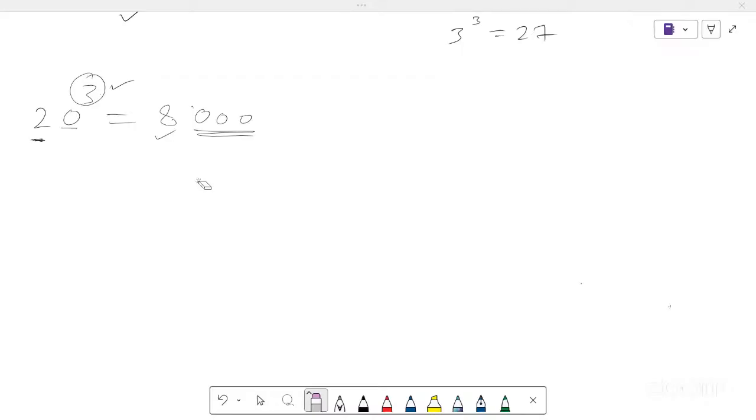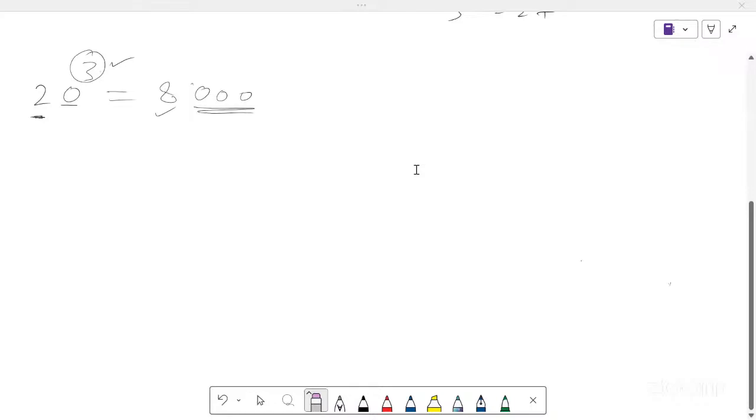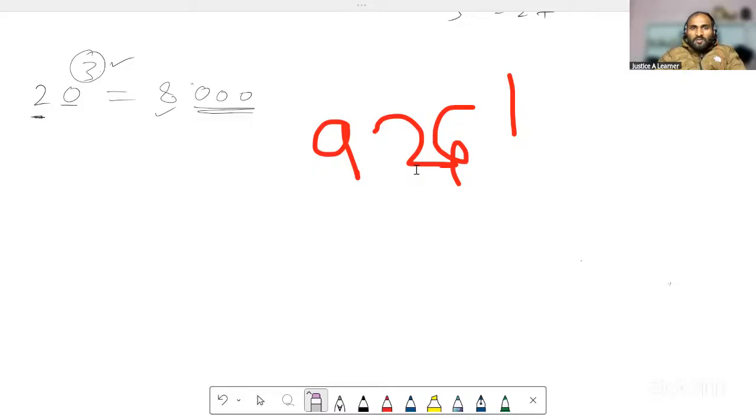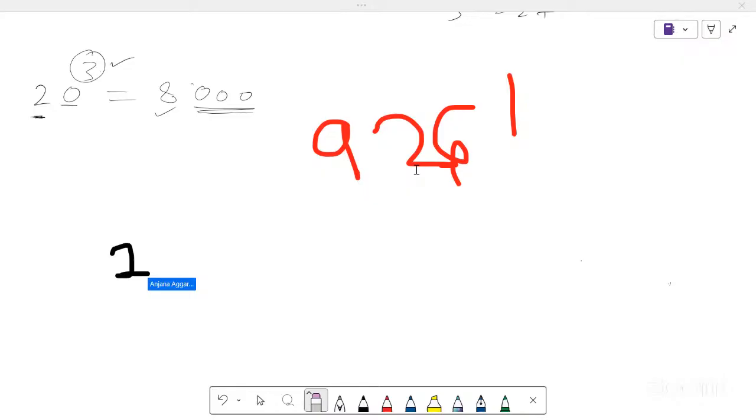Now I have to find the cube root, right? Yes. And since we know this is nearest 20 to the power 3, because we already know 8 is the cube of 2, so we use 20 to the power of 3.